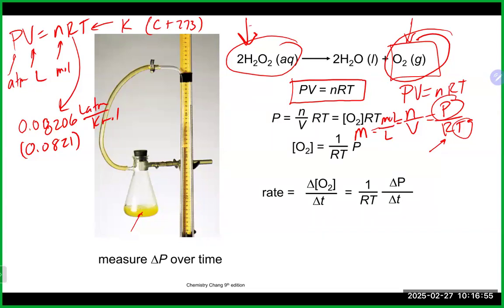All you have to do is measure that change in pressure and the change in time. And that will then relate to how the concentration of O2 over time is changing. Now, the change in concentration of O2 over time would actually be a positive number, because it should be increasing with time when it's all said and done, because it is a product in this case.